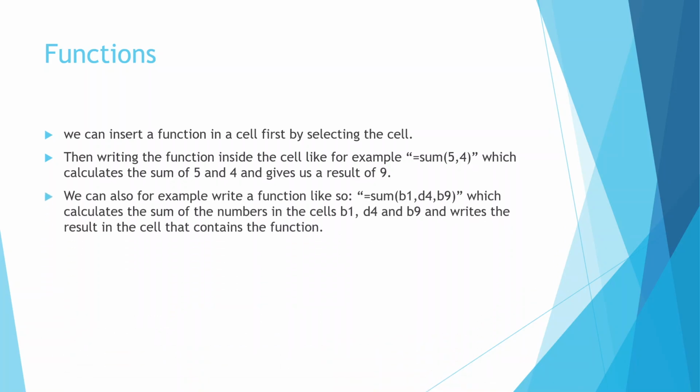We can also write the function like so: equals sum B1, D4 and B5, which calculates the sum of the numbers in those cells and writes the result in the cell that contains the function, like we've seen earlier.